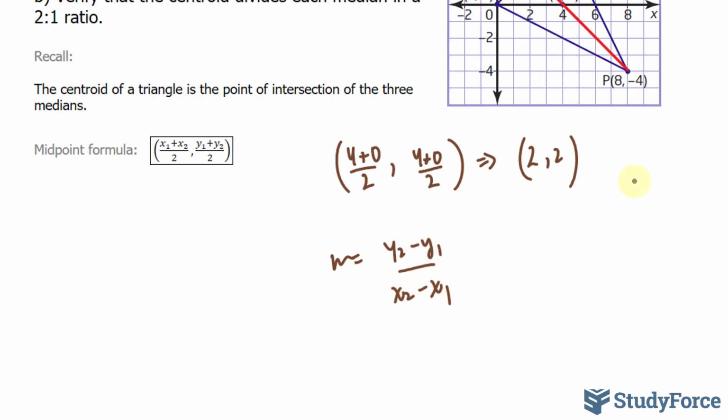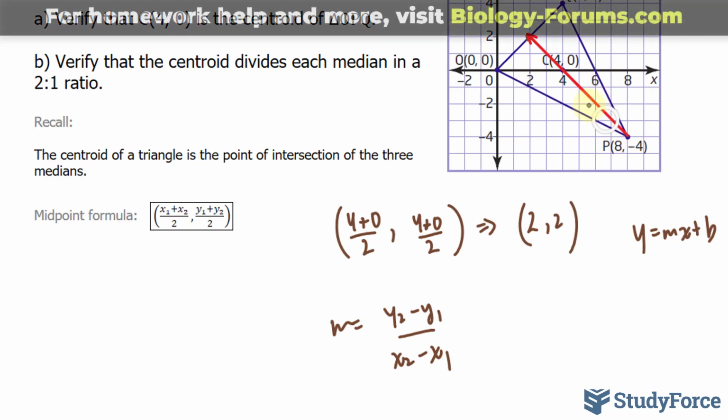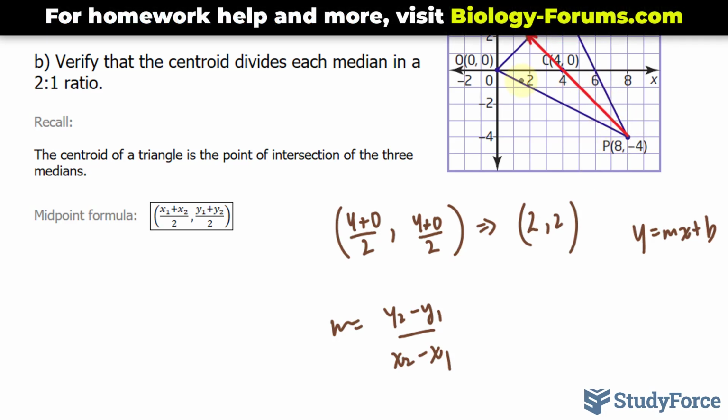I'm trying to create an equation that looks like this: y is equal to mx plus b. So I need the slope and I need the y-intercept. And what I'll do with this formula is substitute the point 4 and 0 into x and y and see if the left side of the equation equals the right side. If it does, then indeed the median from P to here passes through the centroid.